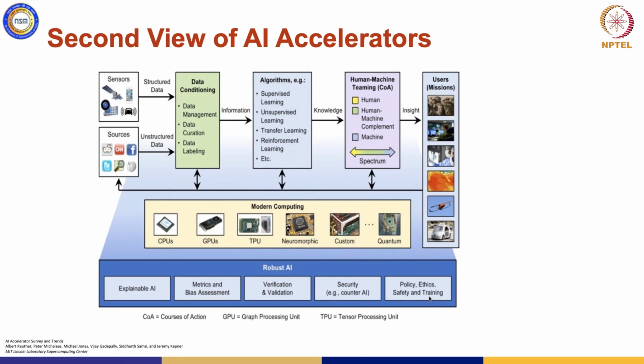And this is what I thought we would cover as a second view of an AI accelerator. Two views of AI accelerator. One from the view of how you are going to do computations only, the computational workload, and the second is how it can be used for other things, like inferencing or data conditioning, processing structured or unstructured data.